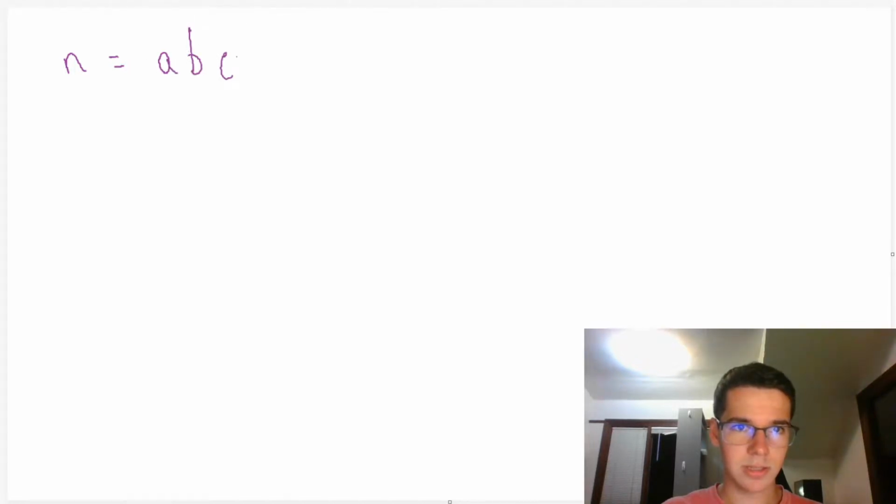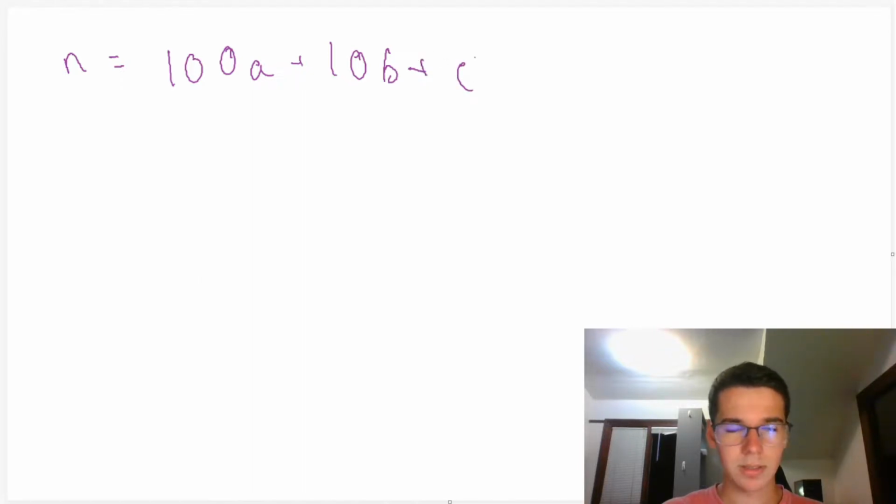And we know that the number is between 0 and 1000, so n is not actually equal to abc. What it's equal to is 100 times a plus 10 times b plus c. Hopefully this makes sense, because each digit is in the proper place. Like c is in the ones place, b is in the tens place, a is in the hundreds place, right?